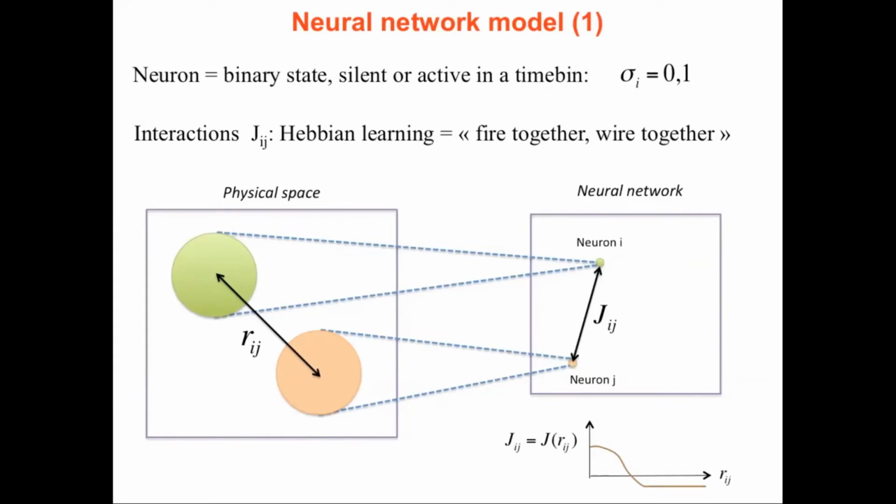While if the two place fields overlap, as the animal is in the overlapping region, then the two neurons will be activated together. And so that will have a tendency to strengthen the connection, if there are any physical synapses connecting these two neurons.